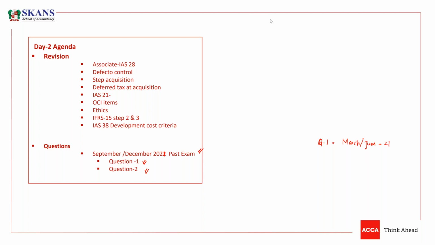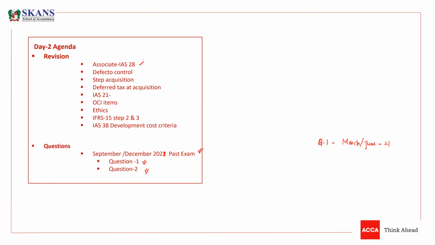We will be revising the topics that are going to help us to solve question 1 and question 2. And what are these topics? Let's understand. First we will understand associate, which is IAS 28.